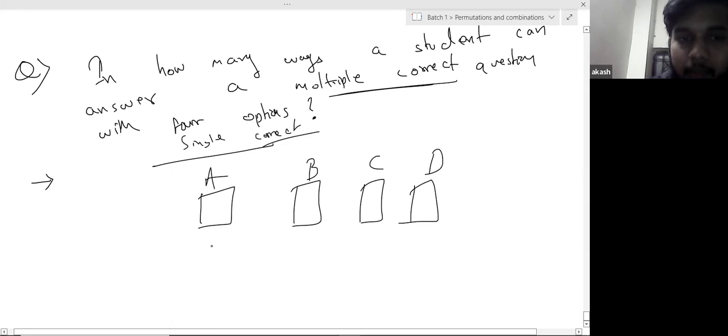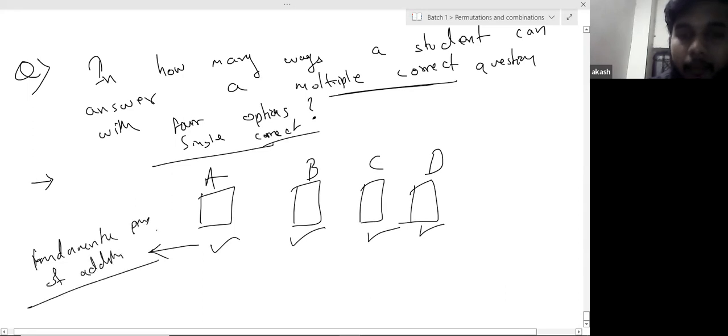You can either tick this one or this one or this one or this one. So a total of four ways. And this is called the fundamental principle of addition. Whenever you see this or this or this or this, then we add things. This is one way, one way, one way, one way. We are using or, so I added them and four is the answer.